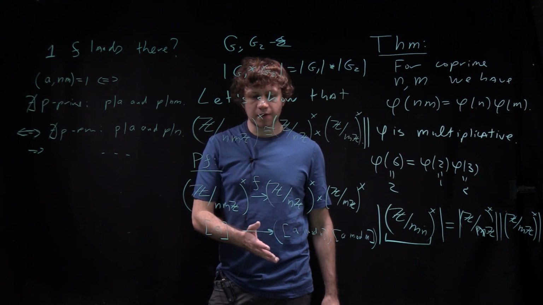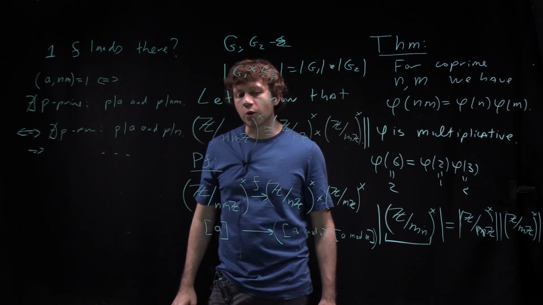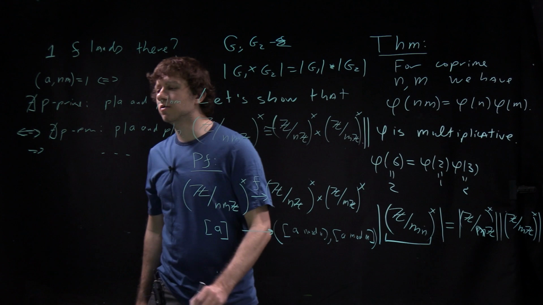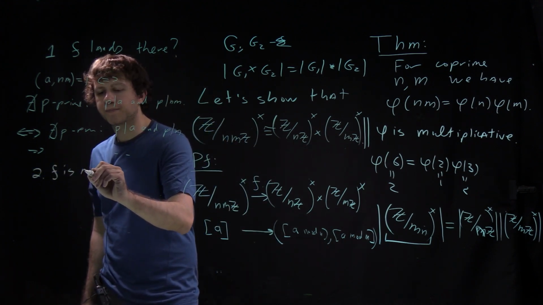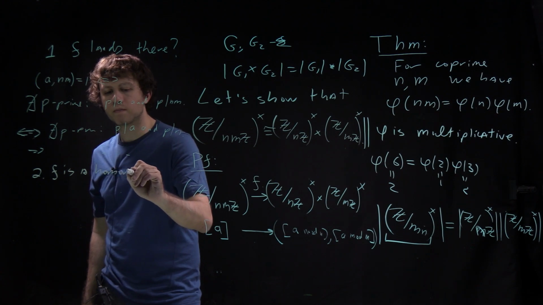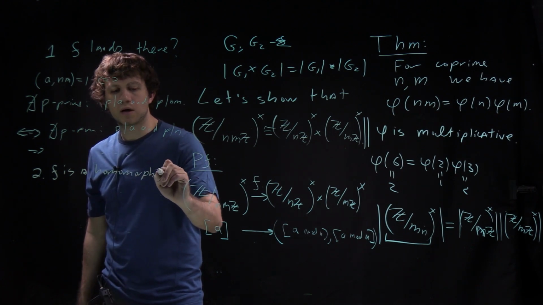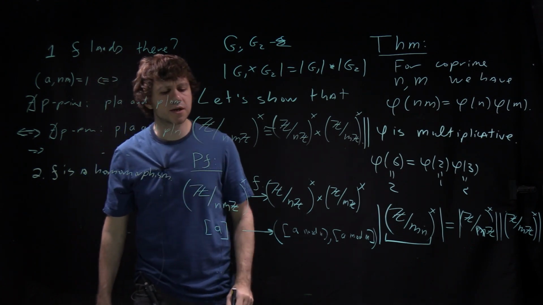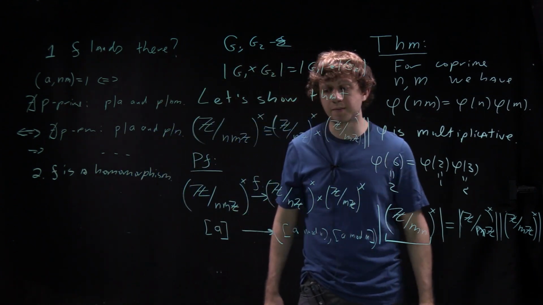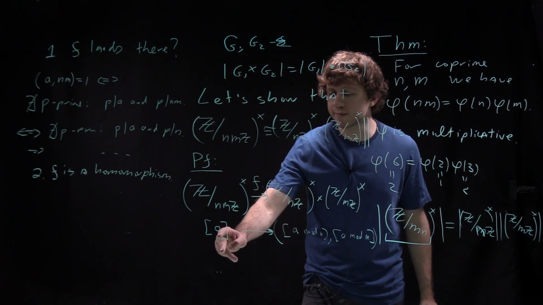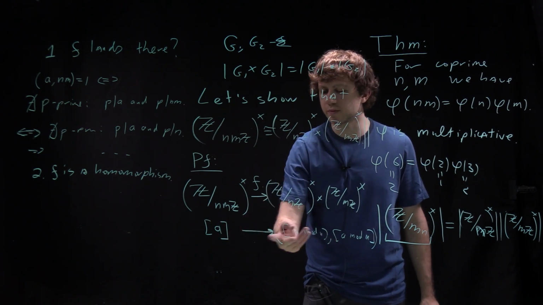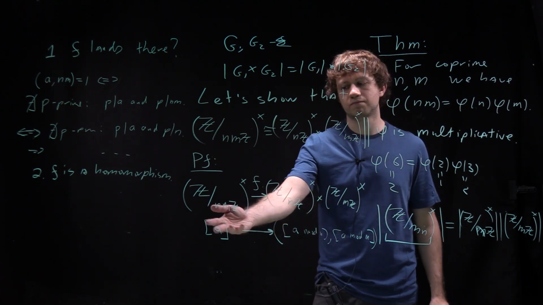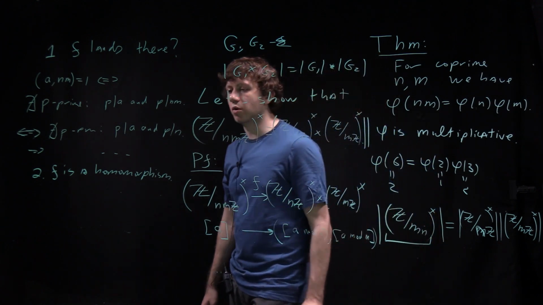Okay, so the next question is whether it's a homomorphism. Let me not check that f is a homomorphism, but you can do it on your own. That's very simple. You just multiply two things here, and now you want to look at the remainder mod n, and you just multiply remainders mod n, and you can just write it down, and this will be obvious.